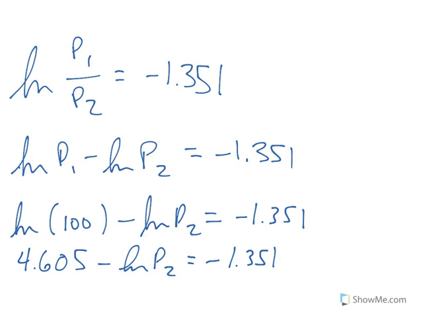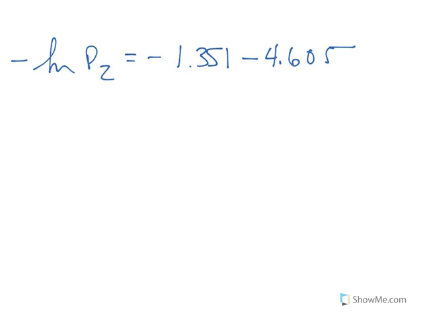So I'm going to subtract 4.605 from both sides. I'm going to do that on the next slide. So next, minus ln of P2. Remember that negative sign stays out there. So this is negative 1.351 minus 4.605.